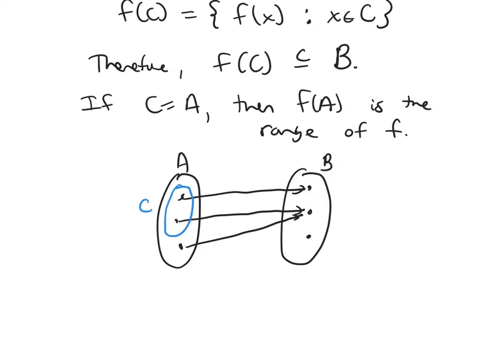You're looking at the images of just these elements. So you're forgetting about that third element that's not in this set C, and you look at where those arrows go, and those arrows go over here. So this would be f of C. So it's definitely contained in B. And if I had taken the whole set A, then I'd be looking at the images of all the elements of A. So I'm talking about the range there.